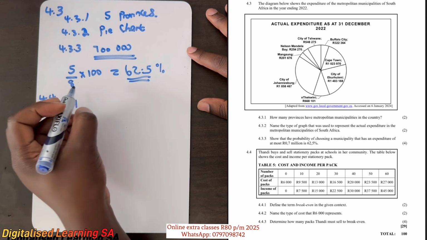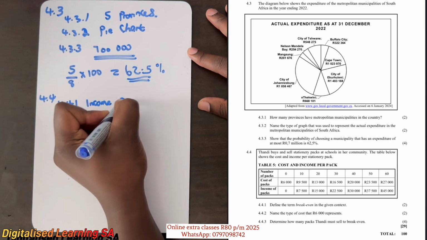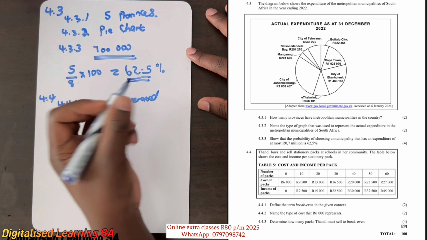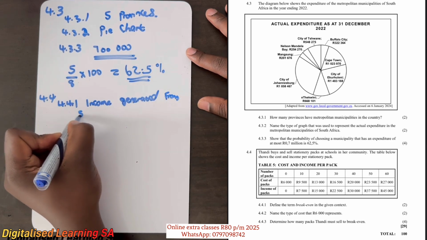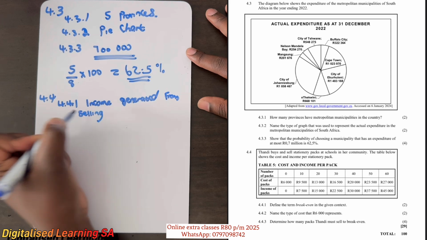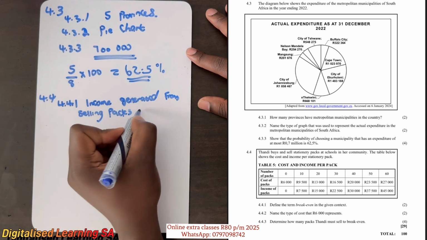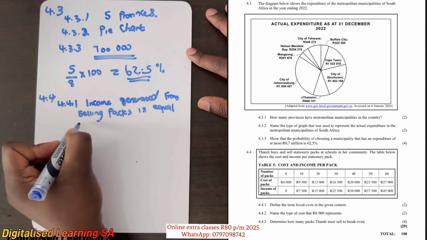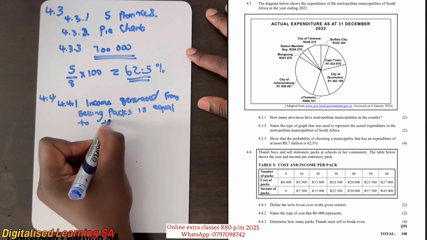So break-even is when the income generated from selling packs is equal to the cost of packs.